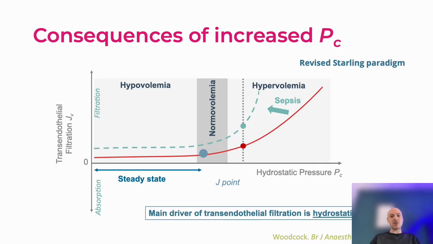And because this curve is left shifted due to an increase in vascular permeability, let's say during sepsis, for a similar rise in hydrostatic pressure, it may result in a significantly larger net fluid filtration towards the interstitium, of course exceeding the capacity of lymphatic drainage, and therefore contributes to tissue edema formation.